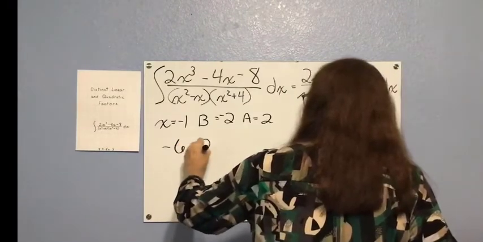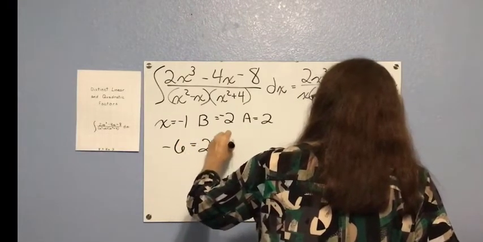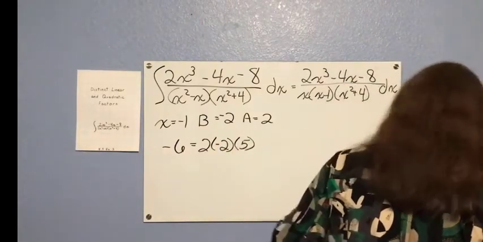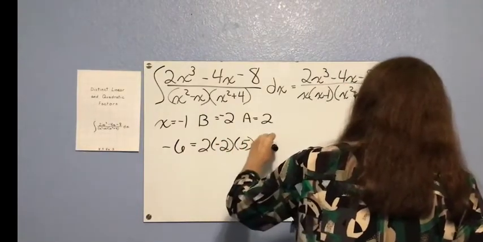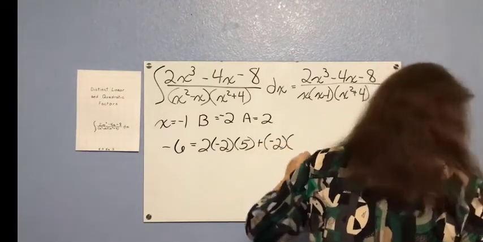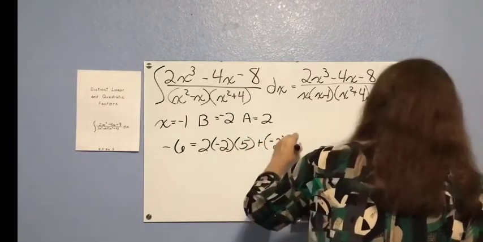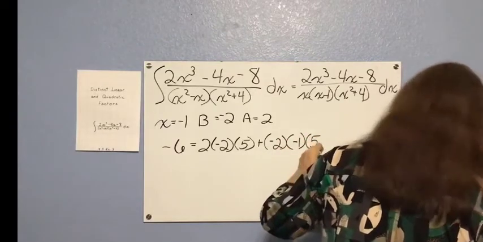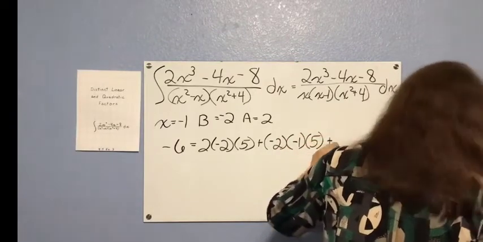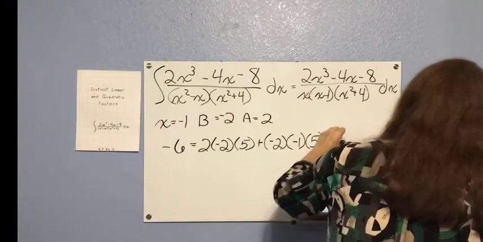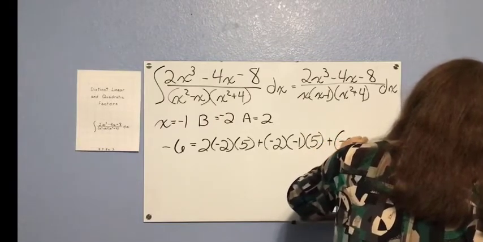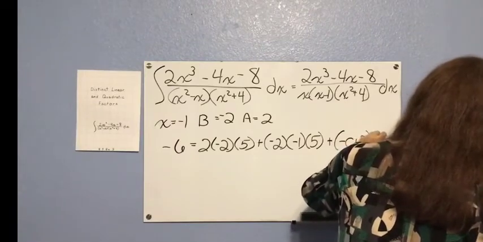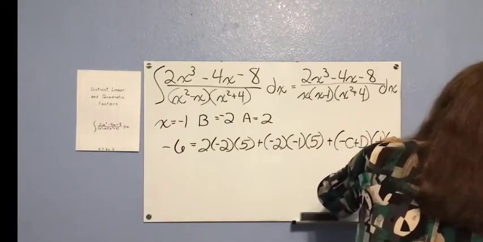is equal to 2 times -2 times 5 plus -2 times -1 times 5 plus -c plus d times -1 and -2.